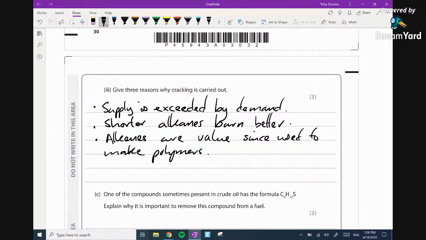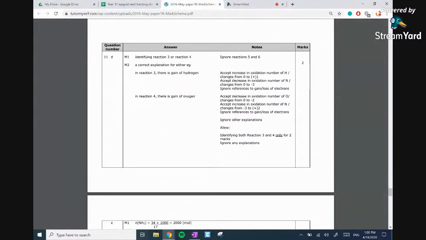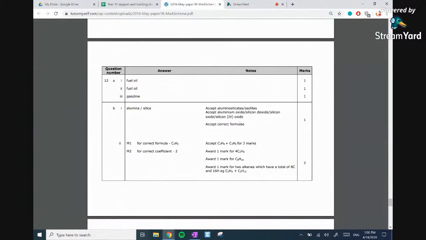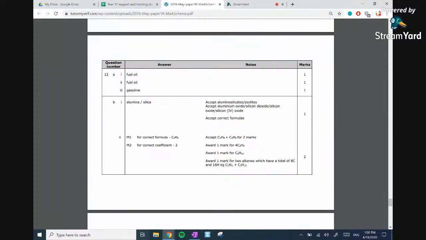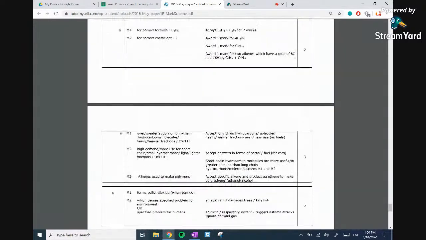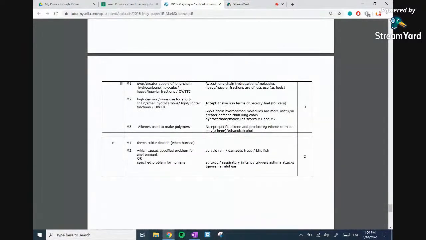Great question. God, it's really tough, this paper. Fuel oil, fluoride, gasoline, aluminosilicate, except zeolites. There you go. Greatest supply of high demand for short chains.